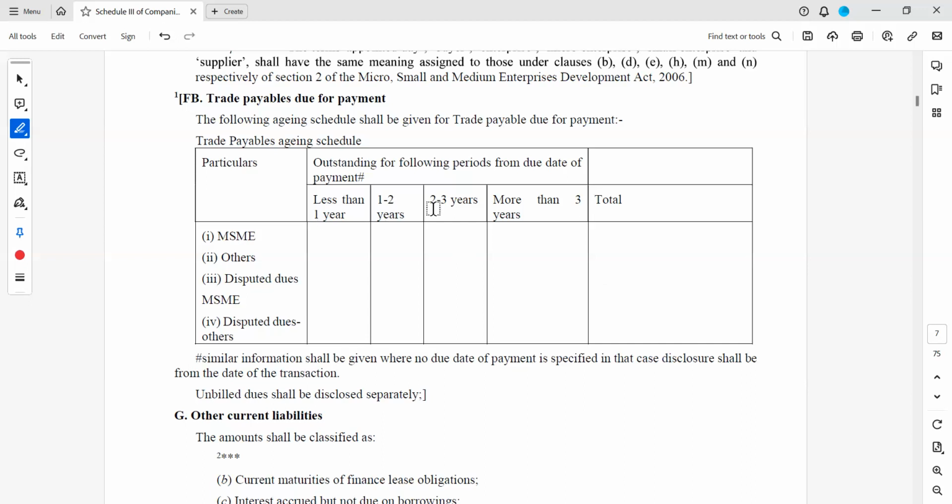So this ageing should be made available by your software, and also this categorization of MSME and non-MSME. In Tally you can create an MSME group and a non-MSME group and maintain them. So whatever is outstanding under MSME you can easily identify, and non-MSME too, and you can create the ageing also in Tally.